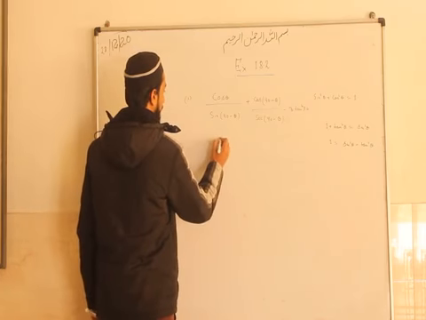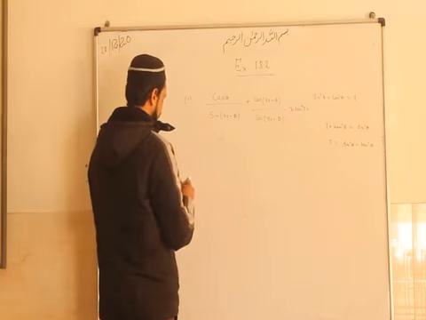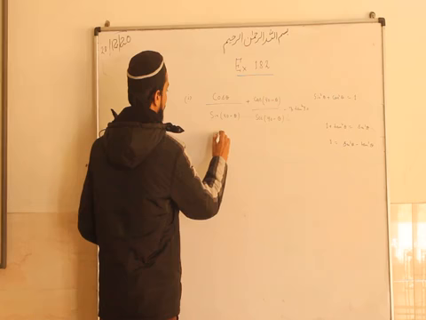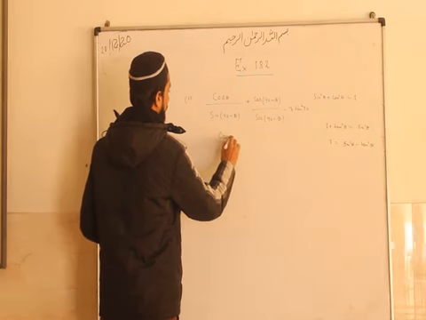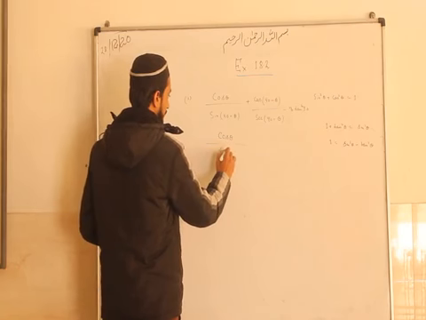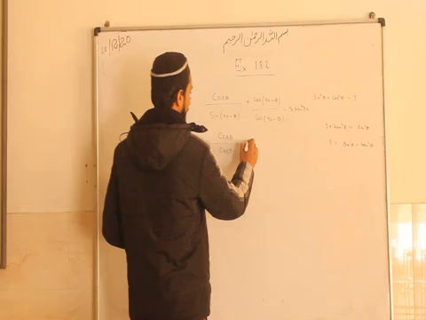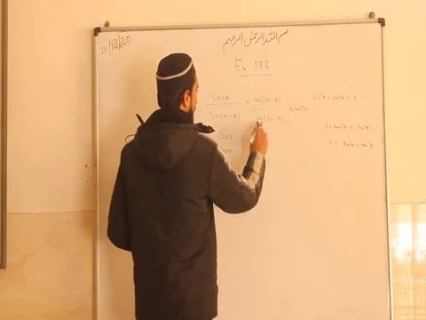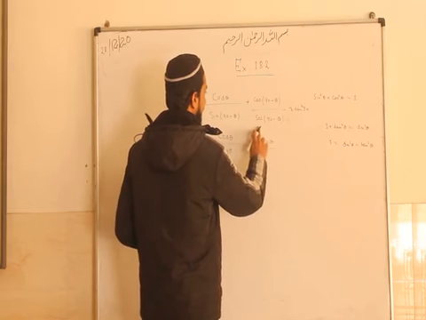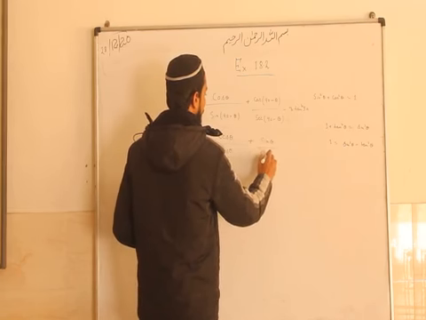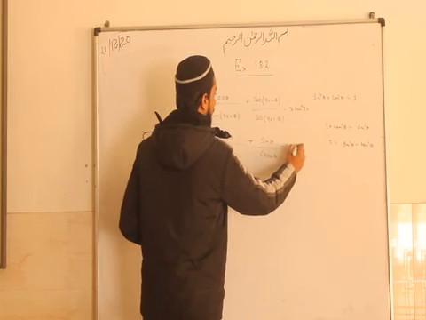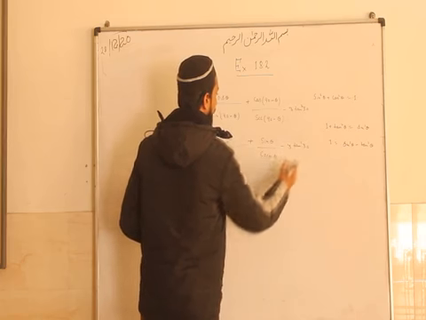First this is cos theta, and sin(90 minus theta) is cos theta, plus cos(90 minus theta) is sin theta, sec(90 minus theta) is cosec theta, then minus 3 tan square 30.